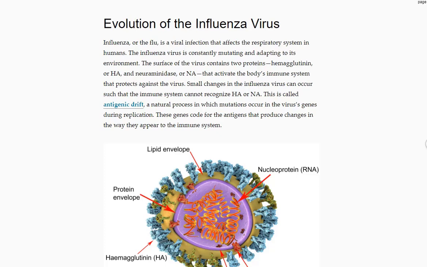Maybe they don't even know they have it, but the virus is still replicating. And every time a virus replicates, there's a chance of it mutating. And one of those mutations, out of the million copies that it makes of itself, could be a mutation that makes it a lot more deadly.